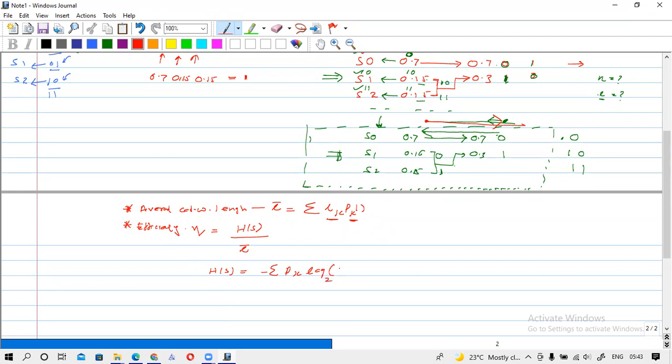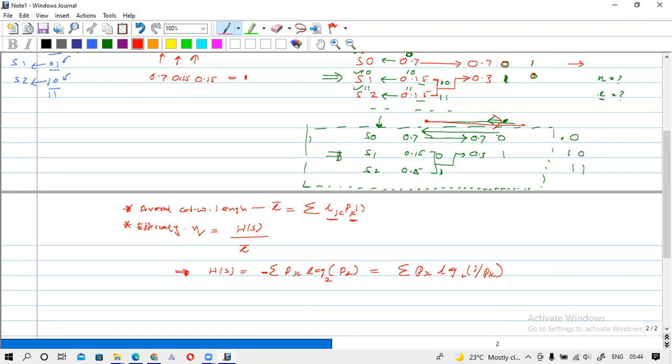If I put the minus value here, we have to write pk. And it is also equal to, if we get this minus inside, minus 1 on pk, so pk to the power minus 1. Then you can also write it as log 2 of 1 by pk. So this is the expression for entropy.